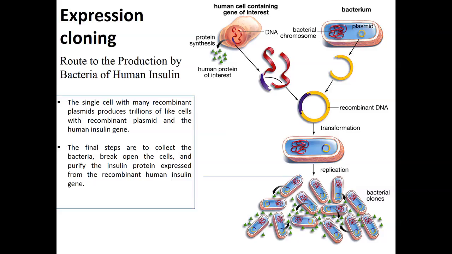For instance, you take a piece of DNA of interest, or a gene, for instance from your normal human cell, and you can attach that to a plasmid from a bacteria. Once that occurs, you take the plasmid and transfect it into bacteria, and the bacteria will grow very fast.